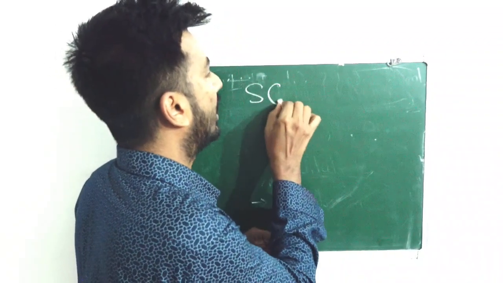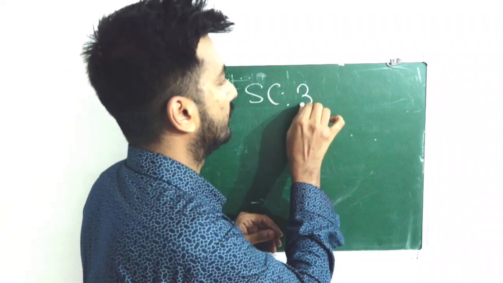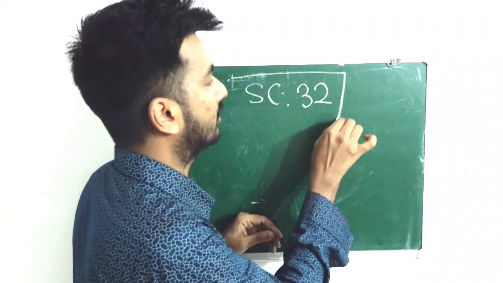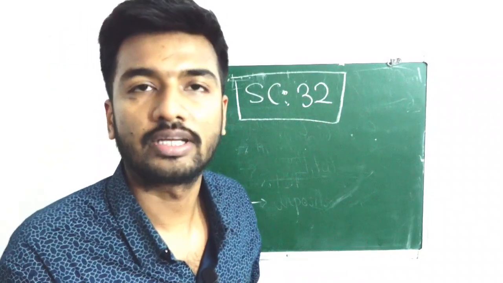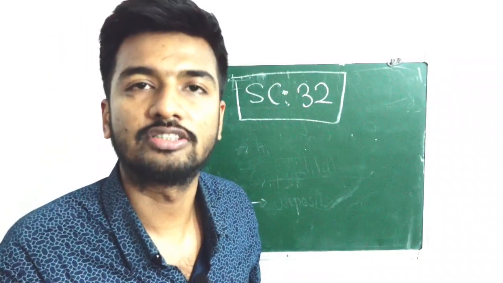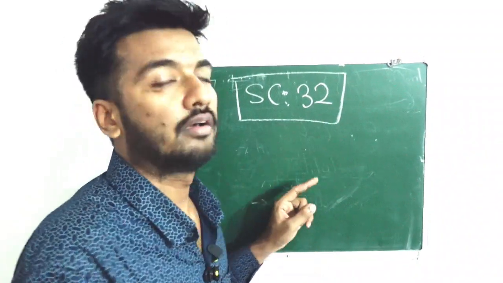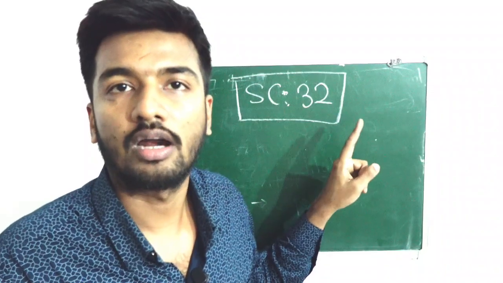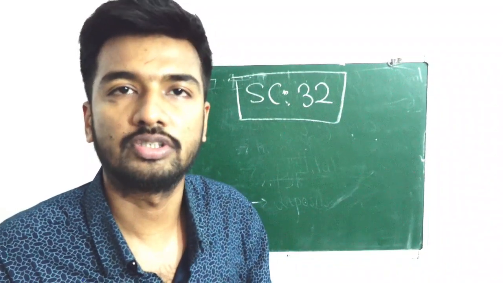Under which article? Article number 32. This is very important. When your right is violated, you can directly file a petition in the Supreme Court of India under Article 32.